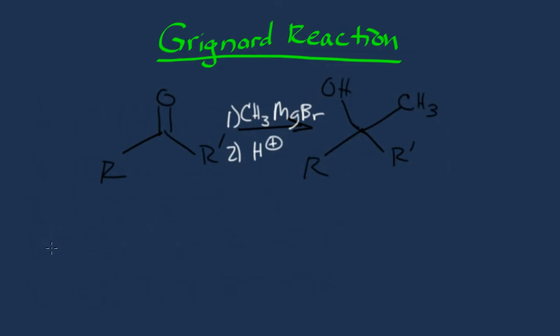So let's talk about the mechanism. So here we have our ketone and our generic R groups. And let's draw our first reagent, which is, we said, the actual Grignard. Okay, let's talk about the mechanism.